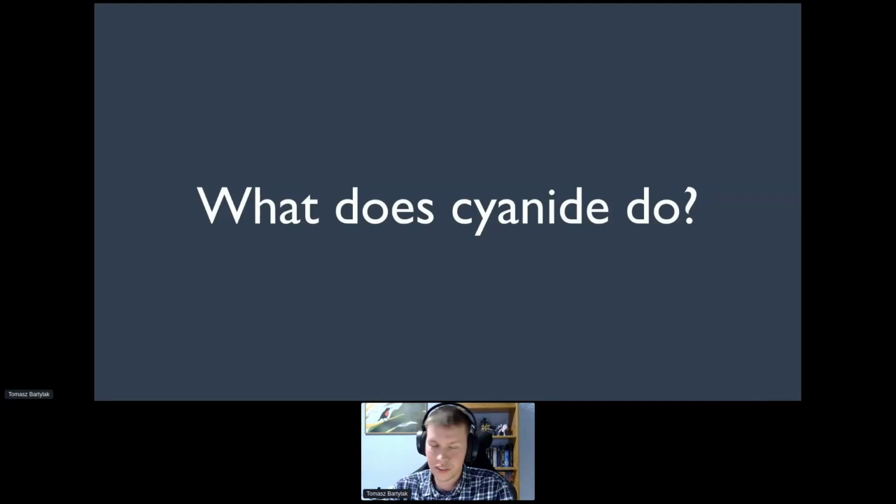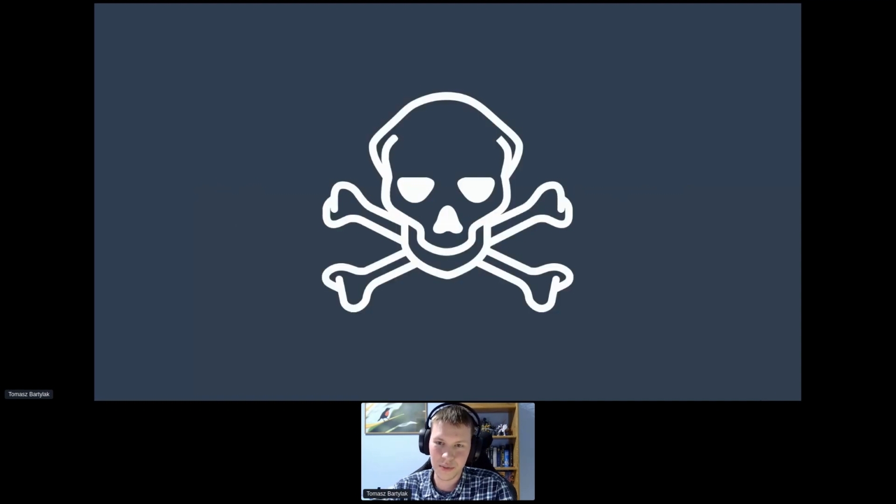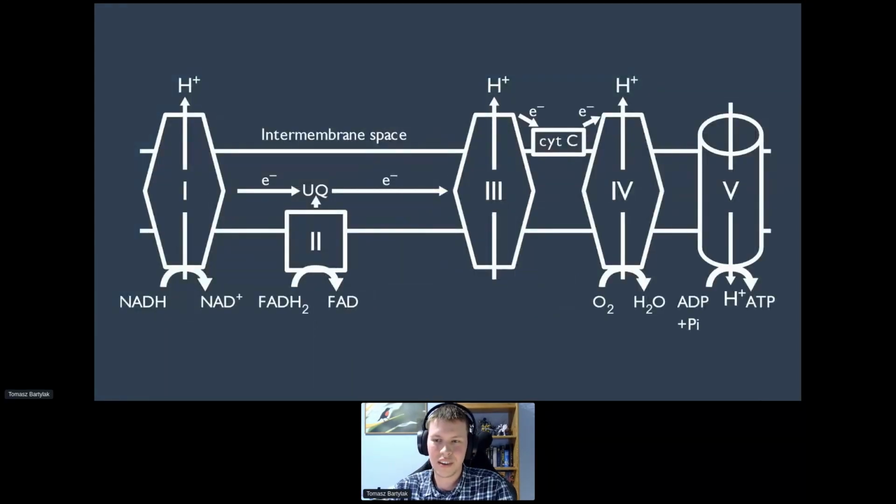So with that introduced, let's talk about the other part of my work. So what is cyanide and what does it do? In very short answer, cyanide kills you. It kills you very badly and very deadly. But to be a bit more precise, how does it work? Here you can see a schematic of respiratory chain that is present in mitochondria of most cells, at least of nucleic cells.